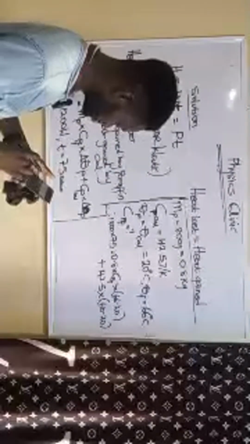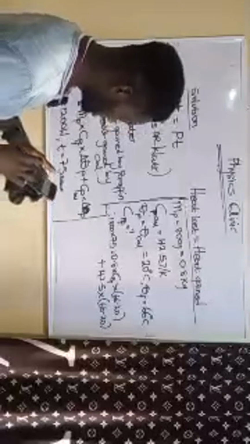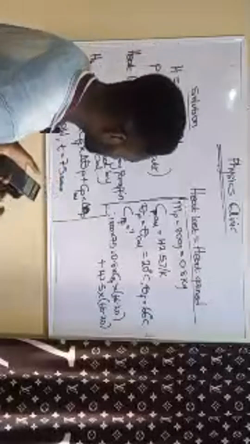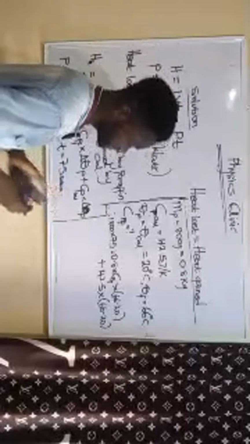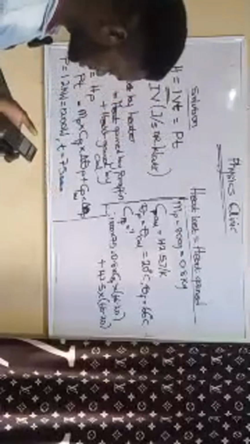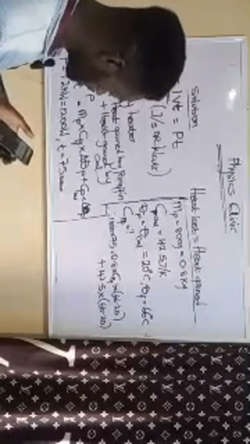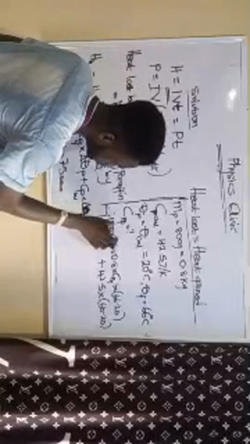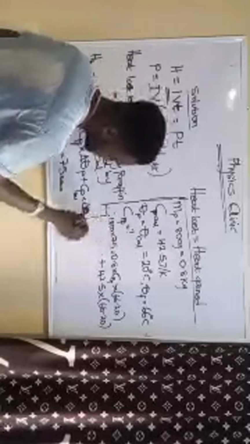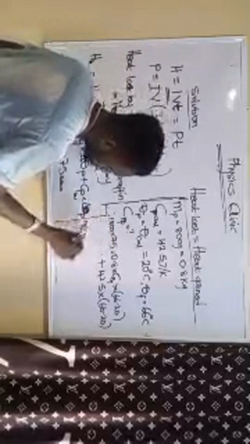So 1200 times 75. Let's see what that will give us. That is 90,000. So 1200 times 75 is 90,000, the heat that was supplied by the immersion heater.